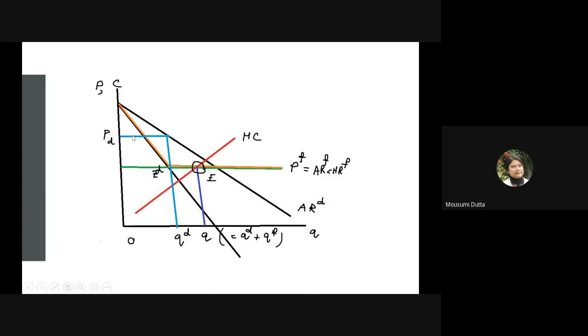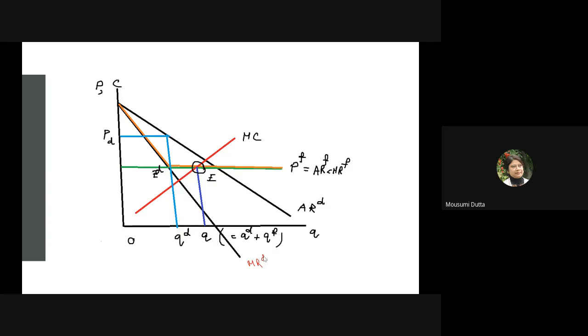So in the domestic market, the firm faces a negatively sloped demand curve as it will be faced by any monopolist. And this was the corresponding marginal revenue curve, MR domestic.